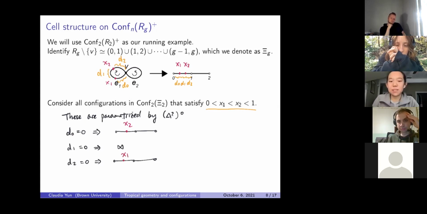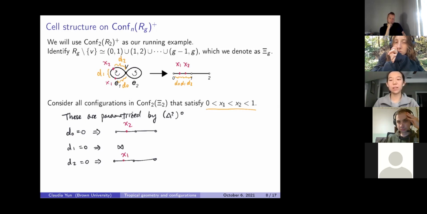And so from this discussion, we can see the cells on the space Conf_n(R^G) are going to be given by configurations of how points are with each other and which arcs they're on.